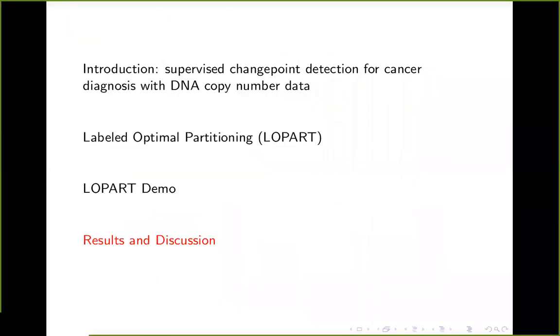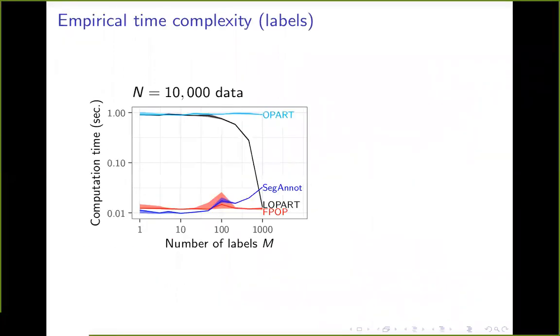So going on, we're just going to have a little bit of discussion of the figures from the paper, which summarize the main results here. This figure shows the computation time of these different algorithms as a function of the number of labels. Here we show that the empirical time complexity of LOPART gets to be very fast when you have a lot of labels.